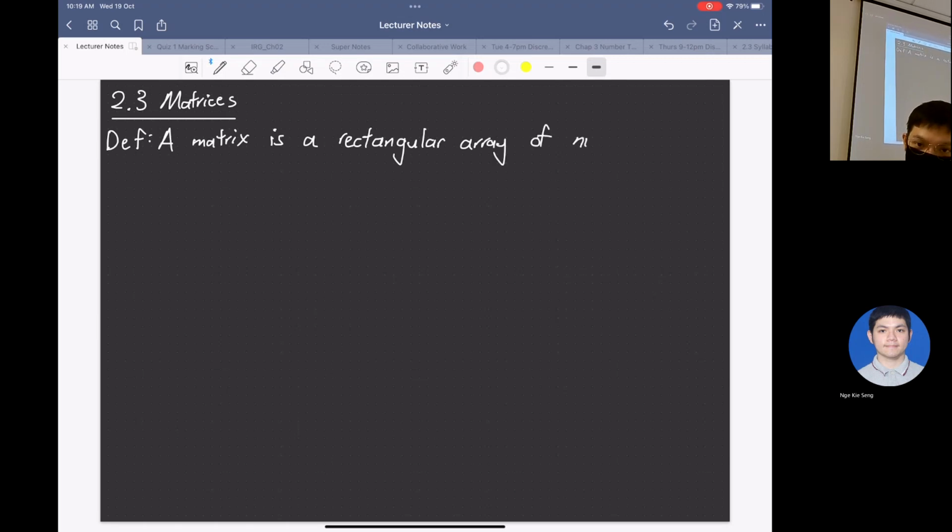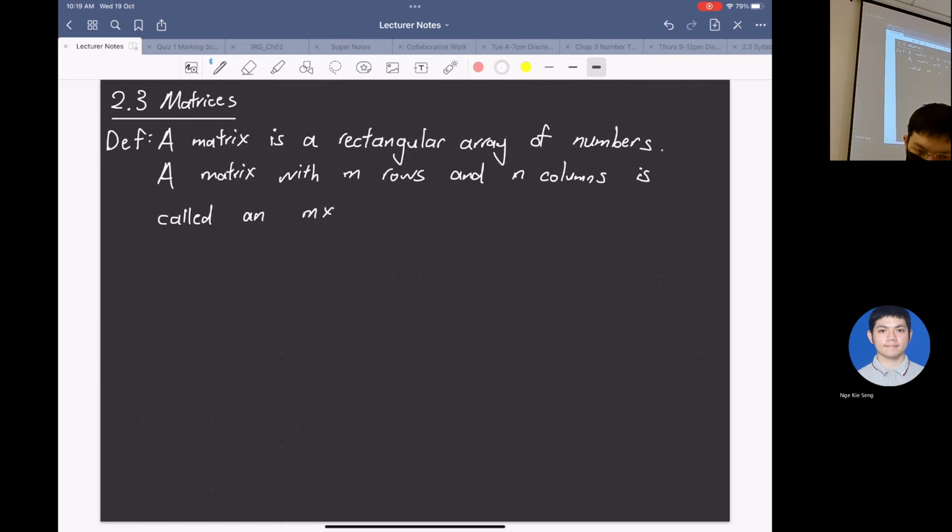Okay, so a matrix is a rectangular array of numbers. A matrix has m rows and n columns. Let me write it out first and then draw it out. For example, you have something like 2, 5, 6, 7.